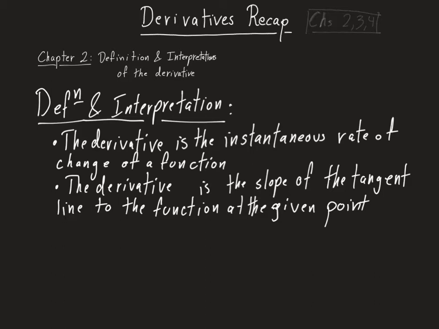Remember, these are all one and the same. I know that these ideas may seem different from one another, but they actually all complement each other and tie in with each other. The derivative is the instantaneous rate of change. It is also the slope of the tangent line. It turns out those are the same thing, and they are captured by the derivative.